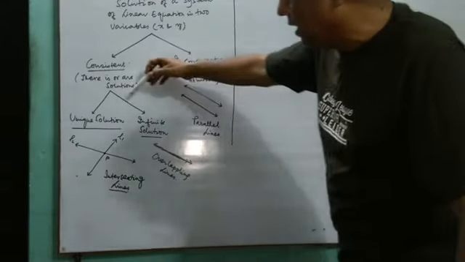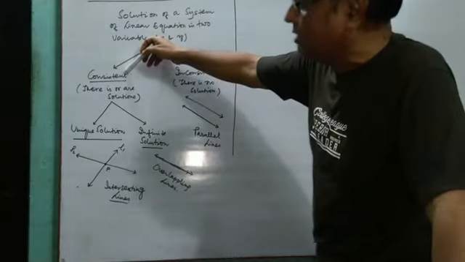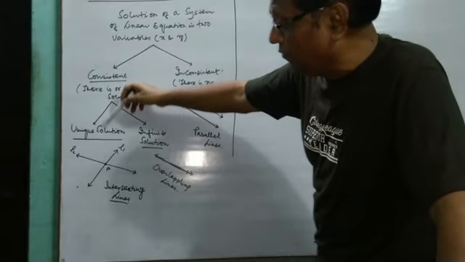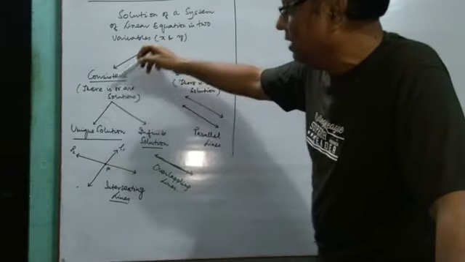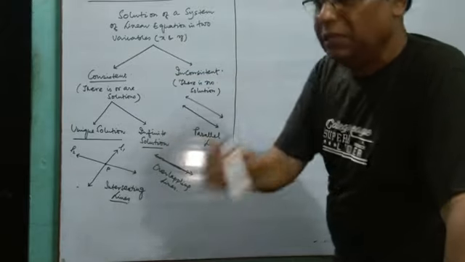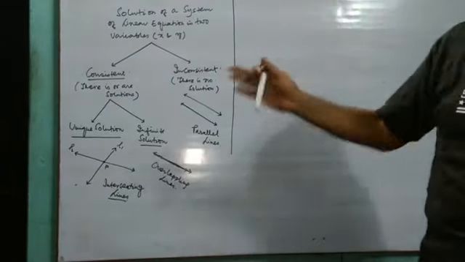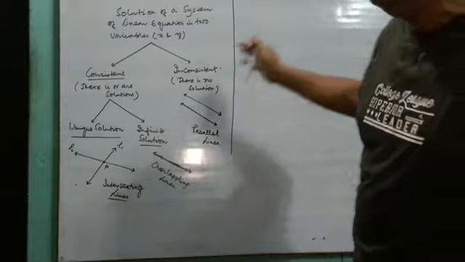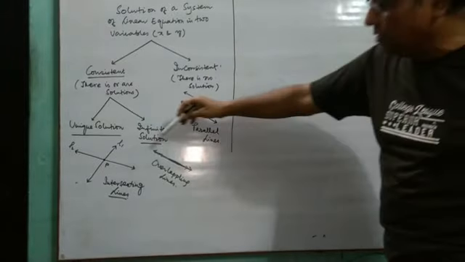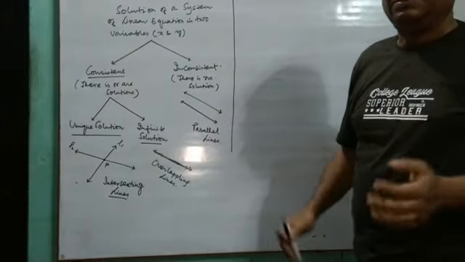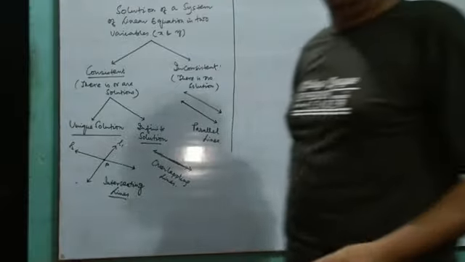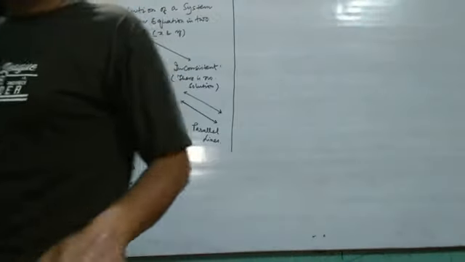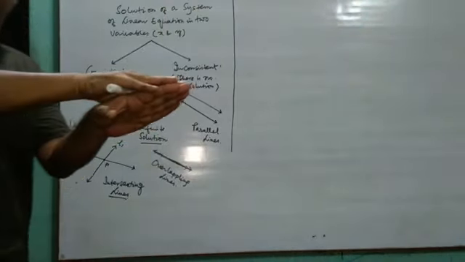The second one is infinite solution. It is also consistent. In case of unique, they are intersecting lines. Infinite solution: you plotted the lines. How to plot, I will explain right now. First line you have plotted, and second line also you plotted, and you found on plotting that both lines overlap each other.